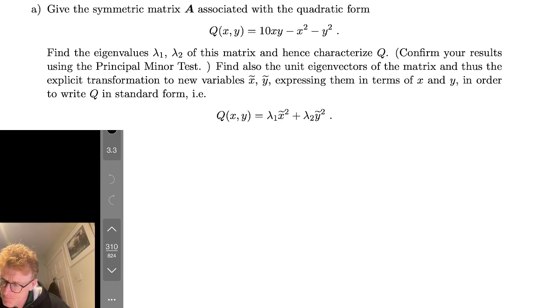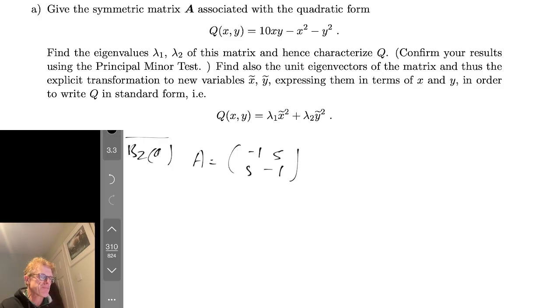B2. A quadratic form, so A is minus 1, 5, 5. We need to find the determinant.